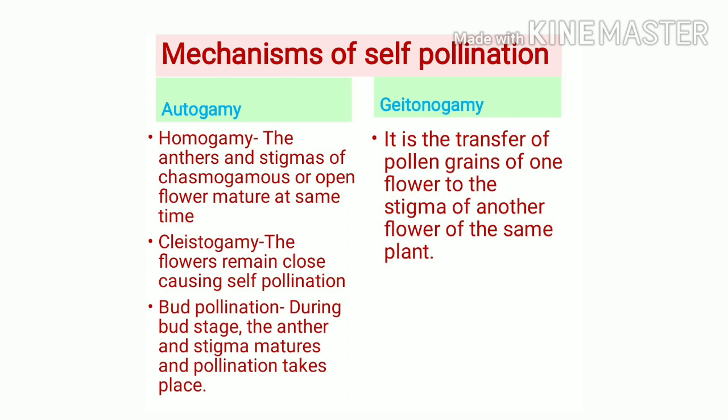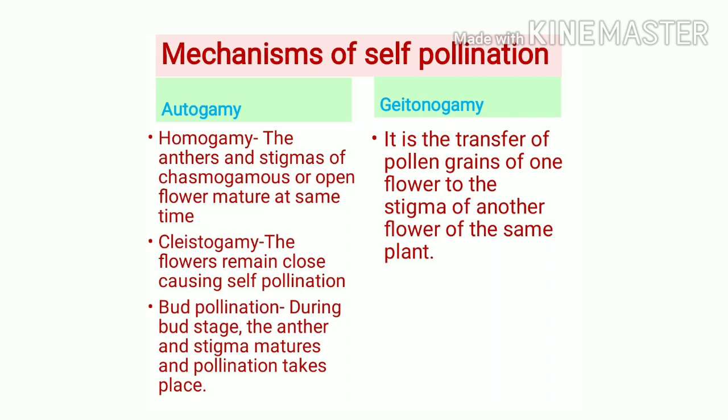In bud pollination, the anther and the stigma mature, and the dehiscence of the anther takes place before the bud develops into a flower. That means pollination takes place right at its budding stage, and such pollination in self-pollination is called bud pollination. So this we can see in pea, rice, wheat, etc.